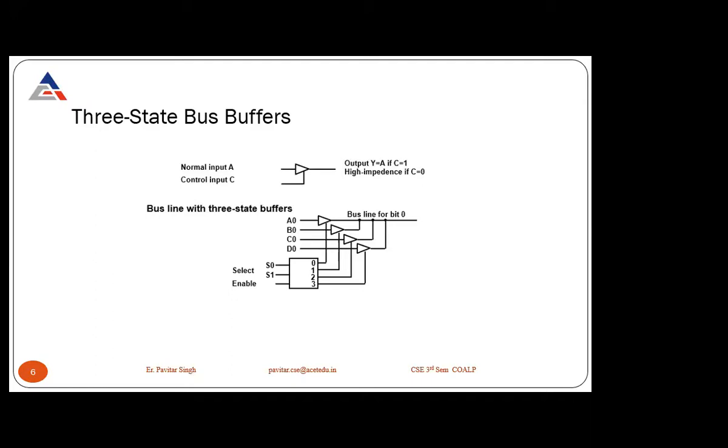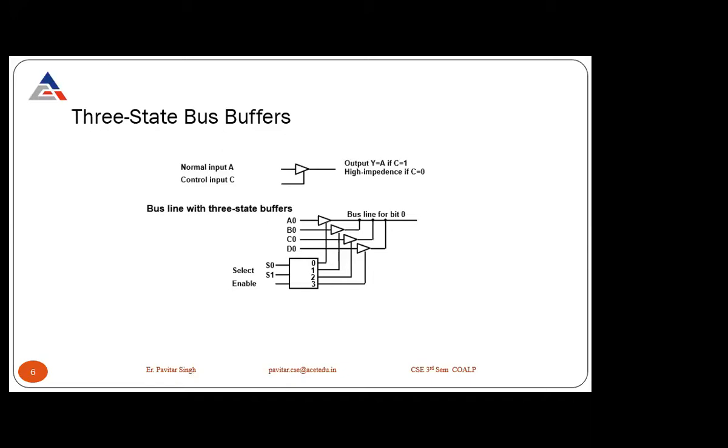You will get the same output in Y as A. For example, if in A we have 101, you will get 101 in Y if C is equal to 1, and if C is equal to 0, your circuit will be in high impedance state. Your circuit will be in open state, right?